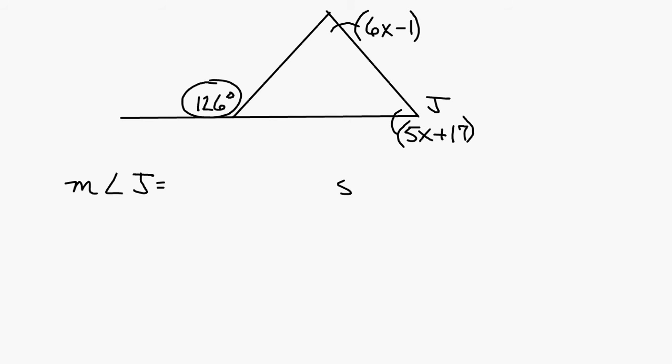So 5x plus 17 plus 6x minus 1 equals 126. So you combine your 5x and your 6x and you get an 11x. And then your 17 minus 1 is 16, positive 16. And that's equal to 126.